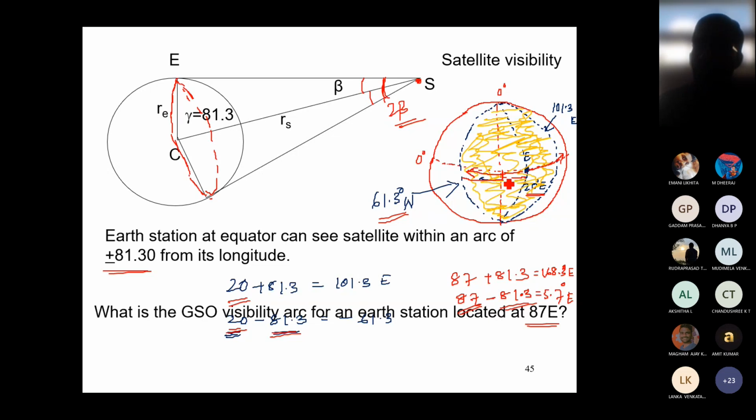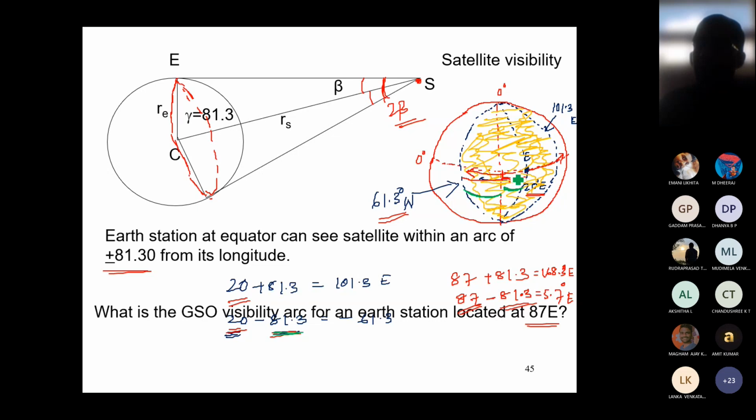So this 20 plus this 61.3 sums up to 81.3. But in the current case, your Earth station is at 87, and when you move back 81, you still do not reach the 0 degree longitude point.